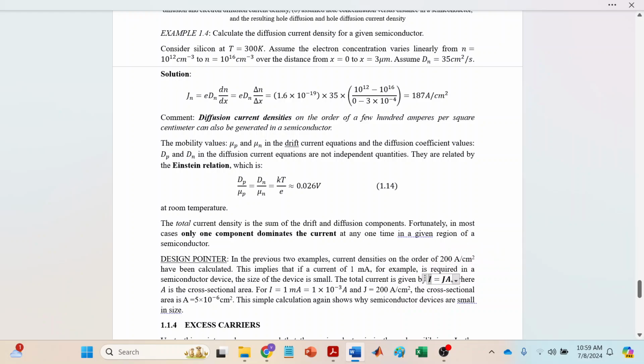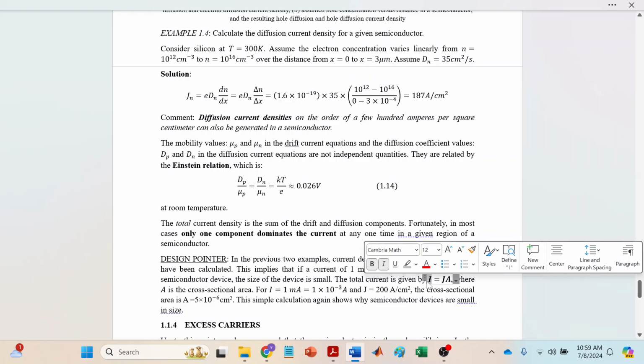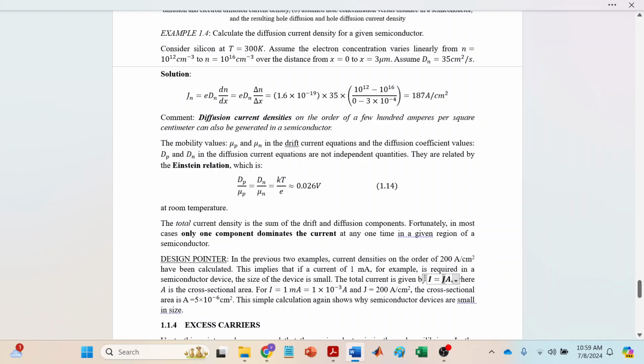The equation that relates the current with the current density is the current density multiplied by the cross-sectional area. So if you want to obtain a current of 1 milliampere, and by calculation you have about 200 amperes per centimeter squared in terms of current density, it means that the cross-sectional area is going to be I divided by J, which will result in 5 times 10 raised to the power minus 6 centimeters squared.